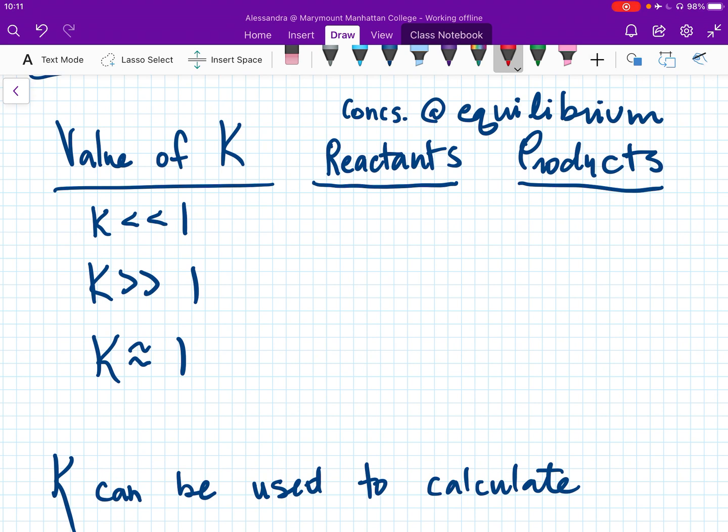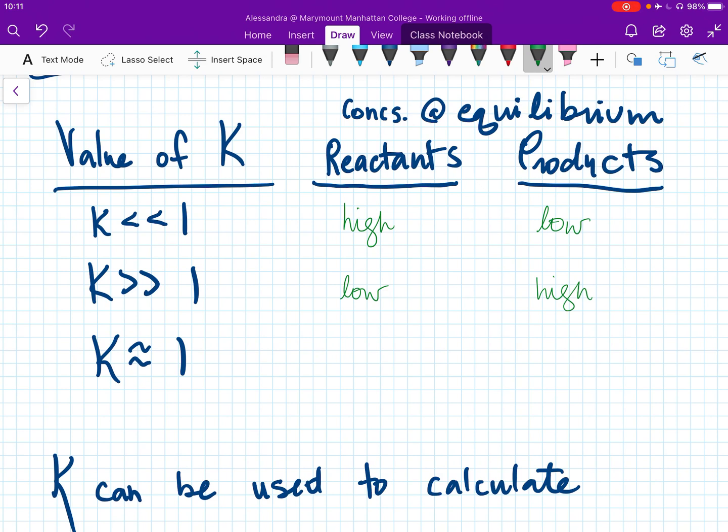If K is much smaller than 1, the denominator is large, and the denominator is the reactants. So the equilibrium lies to the left towards reactants. Conversely, if K is much greater than 1, we would have lots of numerator, so more products than reactants at equilibrium.